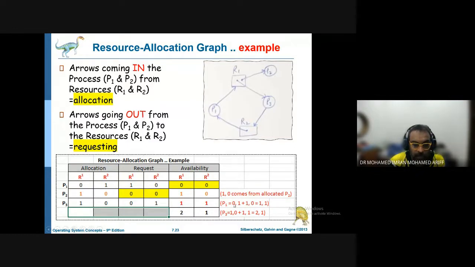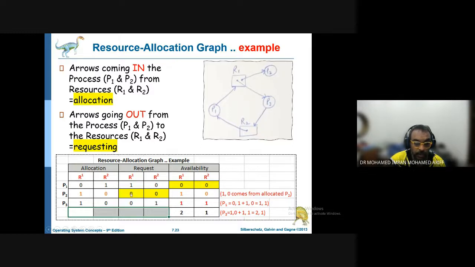P1 equals 01, which is the original kat sini, campur dengan 10, which is this one, bersamaan dengan 11. Because memang dia dah ada lah, P1 memang dah ada 01, but you give it another 10, so it becomes 11. So setelah P1 habis, dia akan releasekan 11. That's why you get merah ni 11.